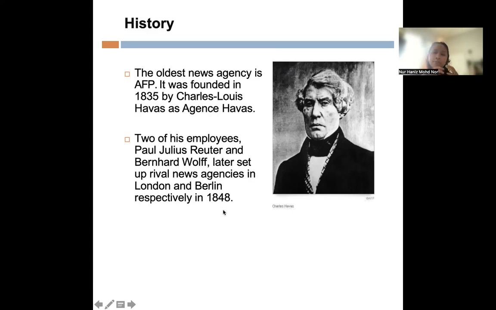So again, when we talk about news and information, why is it important? Back then, not everybody could access information. Only people at the authority level, for example a political leader or a religious leader, were able to have information.